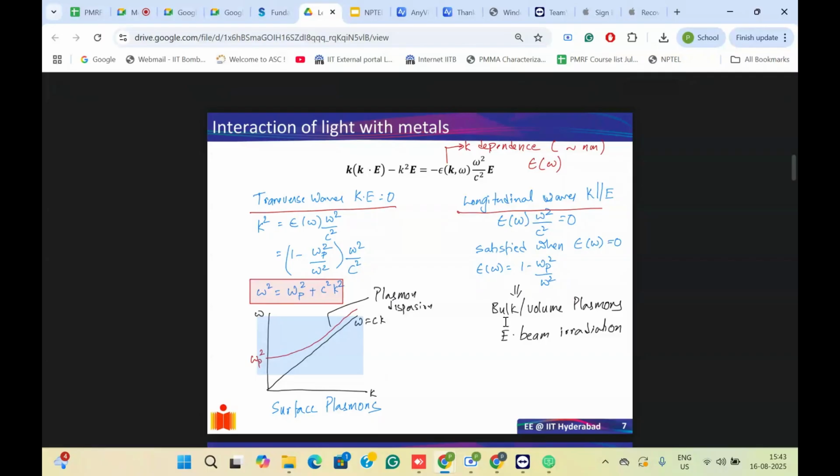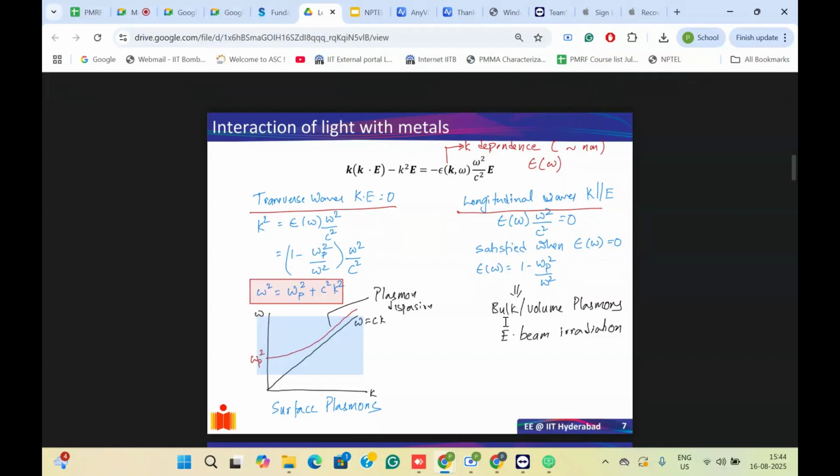When we have the interaction of light with the interface of metal and dielectric, we call it the surface plasmon polariton, as the wave propagates. These are the cases where we have the transverse electromagnetic wave, that is k dot E equal to 0.